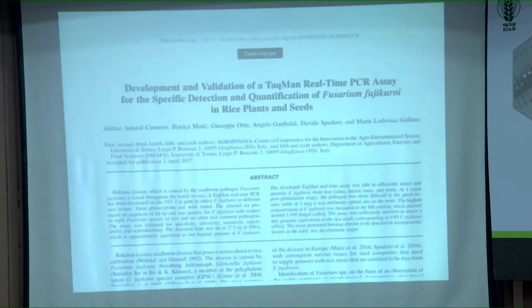Another example I am giving you is the Fusarium example from the start. There are many markers developed for the identification and detection of this particular pathogen. PCR-based markers are already there based on the translation elongation factor 1 alpha region, with some variation in that particular marker. A TaqMan real-time PCR assay was also developed.